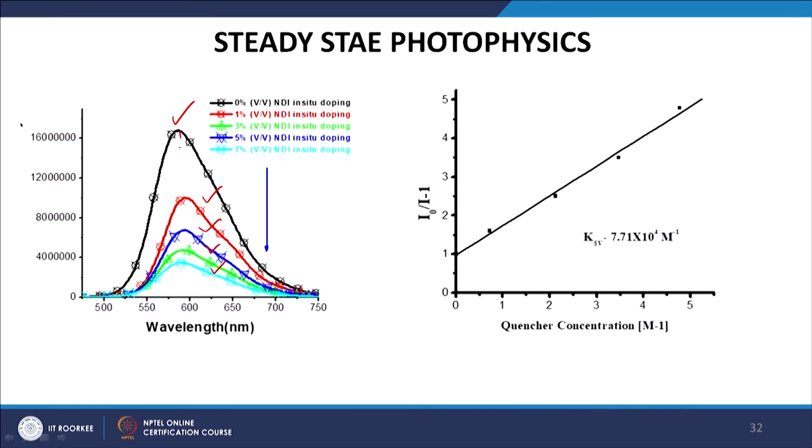If I plot the intensity decrease of the fluorescence on the y axis and the acceptor concentration on the x axis, we get the so called Stern-Volmer plot, and the slope of the Stern-Volmer plot is very high, which tells that these systems will be efficient systems for fabricating the device.